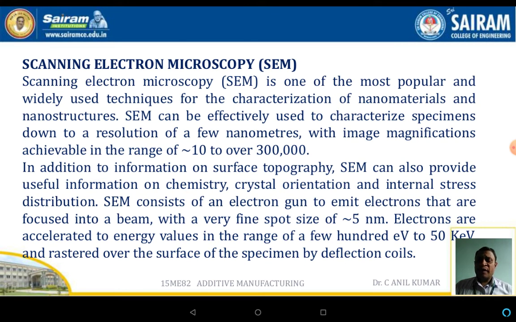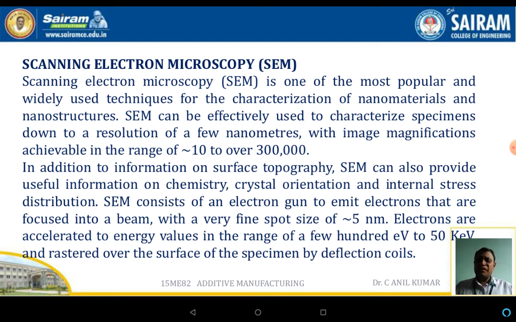The scanning electron microscope is one of the most popular and widely used techniques for the effective characterization of nanomaterials. In addition to information on the surface topography, SEM can be used to provide useful information on the chemistry, crystal orientation and internal stress distribution.